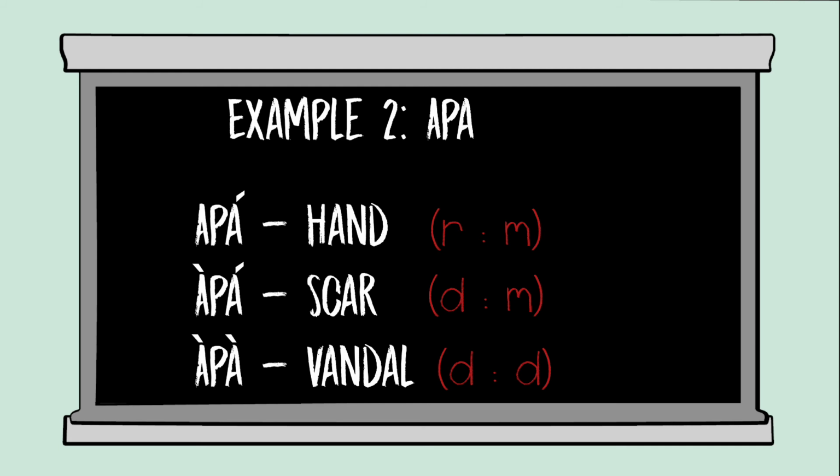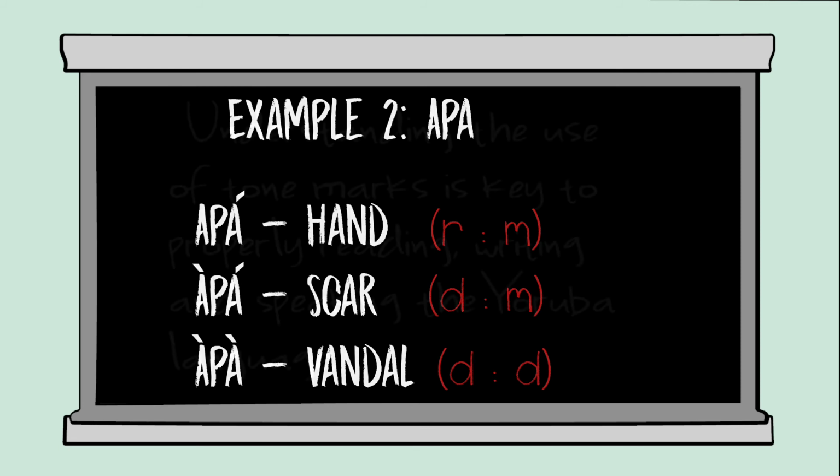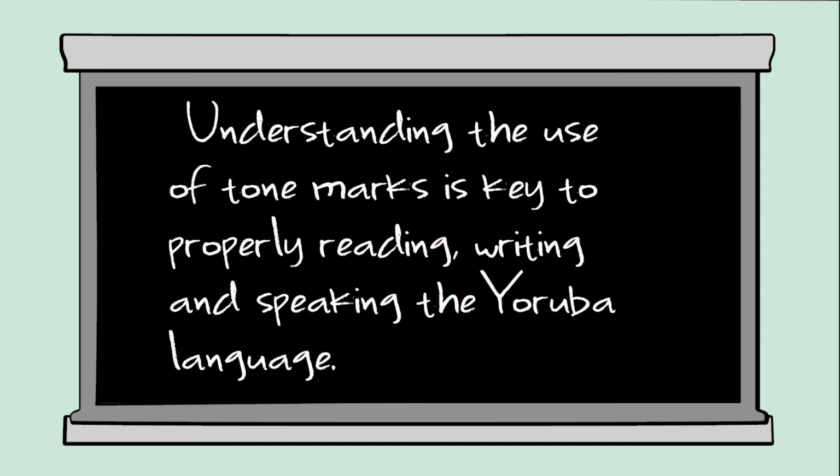If we apply the tonal marks of do, we will have a, pa, which is vandal. From these examples, we can all see how the understanding of the use of tonal marks is key to properly reading, writing, and speaking the Yoruba language.